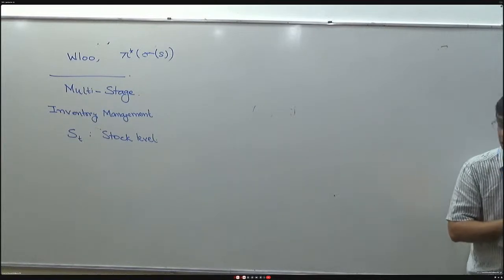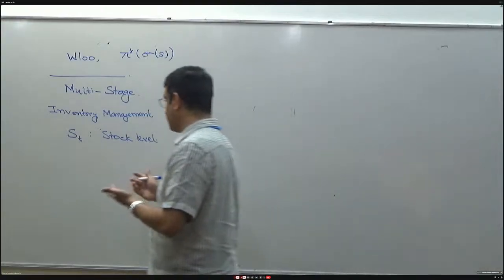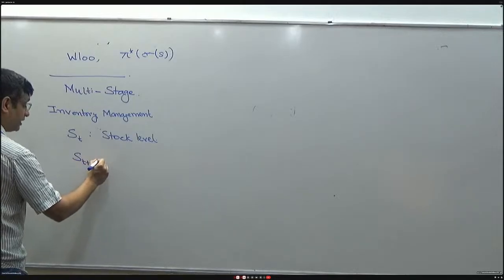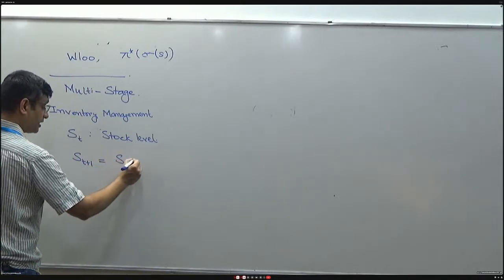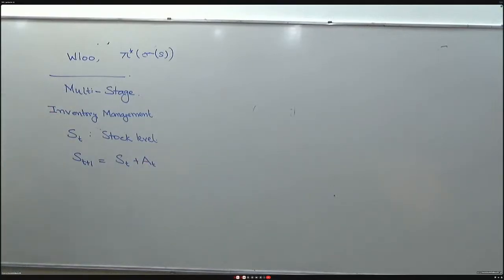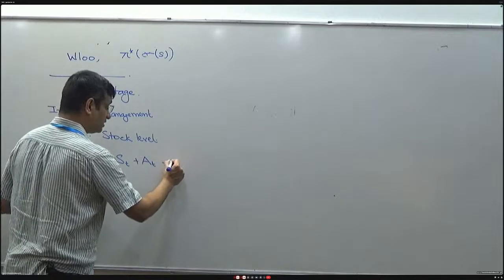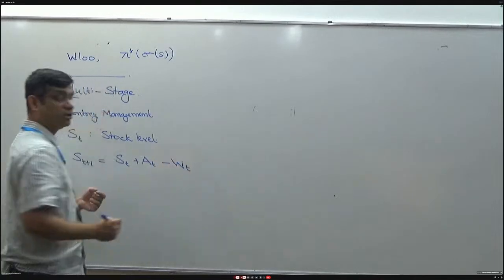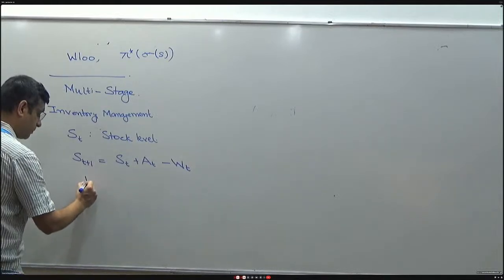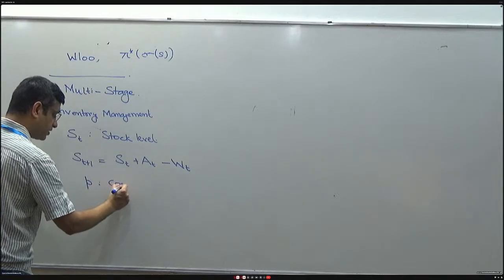Okay? So I'll assume that there is dynamics here, that the stock at day t plus 1 is the stock at day t plus the amount of goods that I procured at the beginning of the day minus the demand that got realized during the day. Okay? And I'm going to say that I have two costs. There is a cost, p is the cost per unit good.